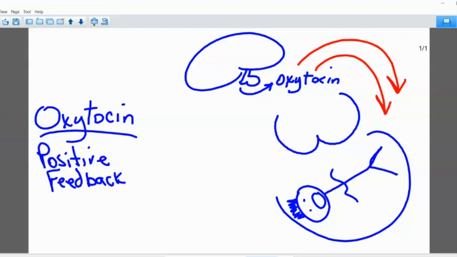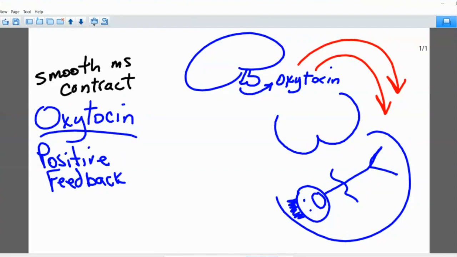But please don't forget, where does this hormone go? Everywhere, because your blood goes where? It goes everywhere. But there's our 2 targets. So here's the cool thing about oxytocin, what it causes. It causes smooth muscle to contract.